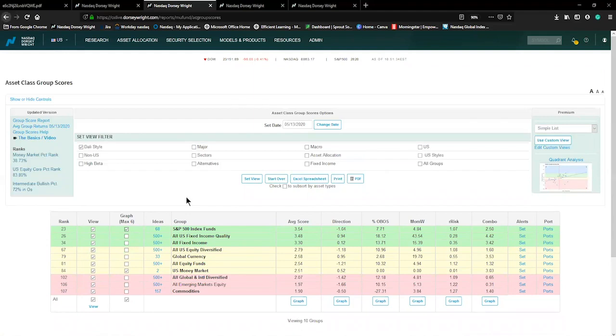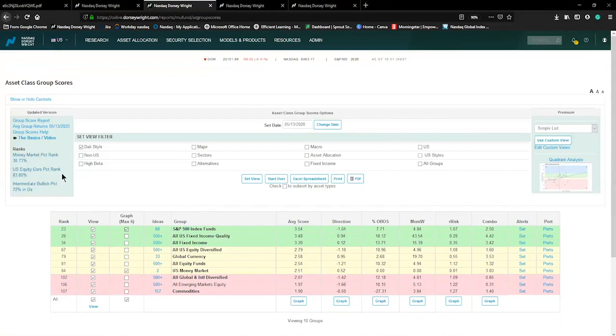Well, that whole concept led to really instilling money market as more of a pillar of something to look for. And the asset class group scores is one of the right places to do that work. So for example, you can see in the upper left-hand corner of the asset class group score page, there are rankings in a light blue box.